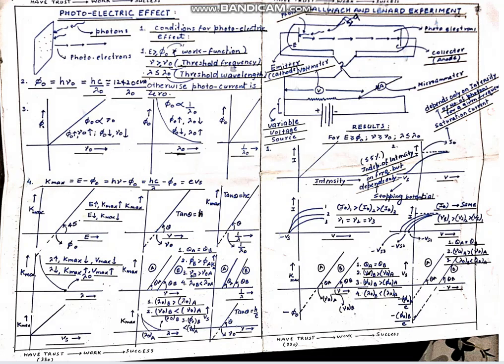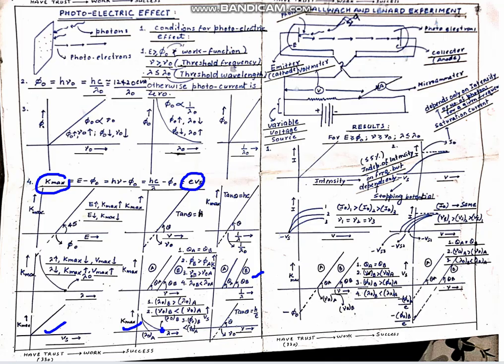Then we have graph between kmax and 1 by lambda. So that will again be a straight line with the same parameters. Then there is one important relation that kmax is equal to eVs, where Vs is the stopping potential. So the graph will be a straight line, whereas for lambda the graph will be rectangular hyperbola as given over here.